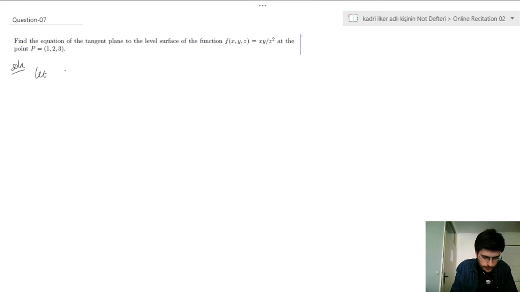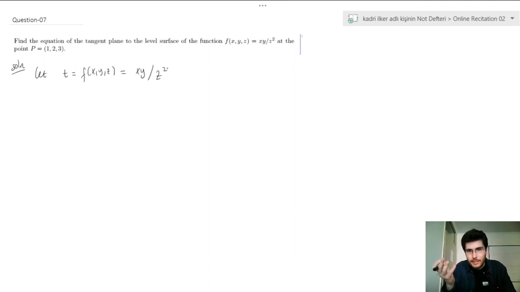If we let t equal f of x, y, z, just consider t as a time, right? That was the motivation, if you remember our previous lecture. When t is a fixed number, you just take a kind of instantaneous picture at that time.